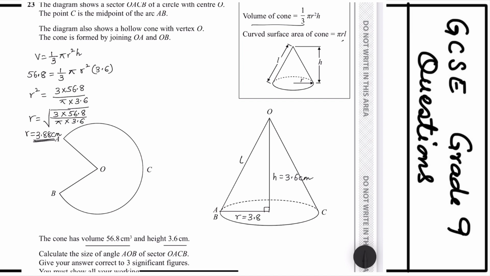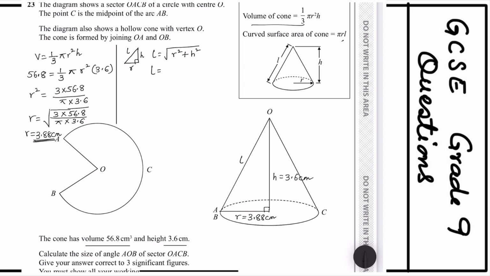Now let's find the slant height as well. So L, H and R are in a right angle triangle. So we have to use Pythagoras to find L, the slant height of the cone. So L is the hypotenuse, so L is equal to square root of r square plus h square.